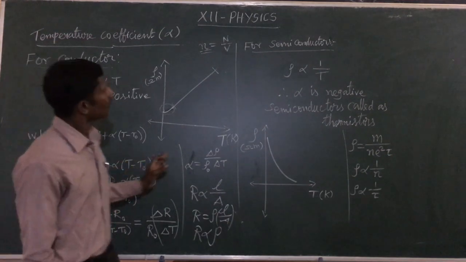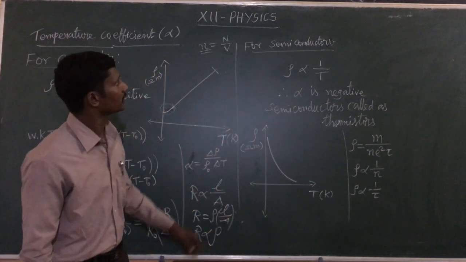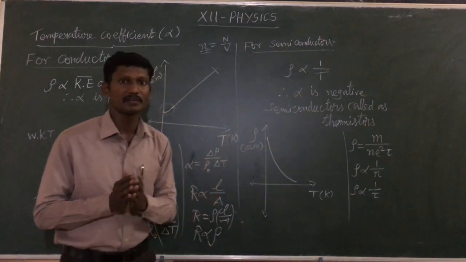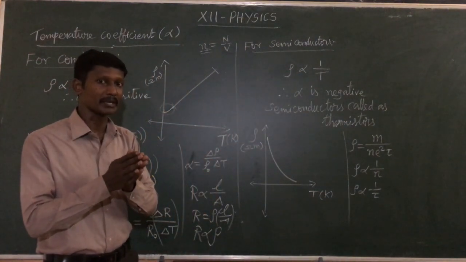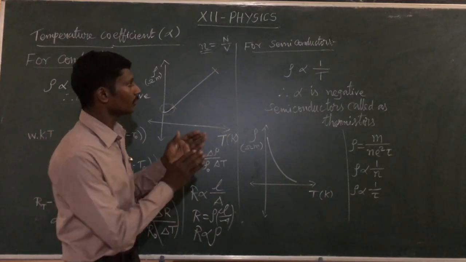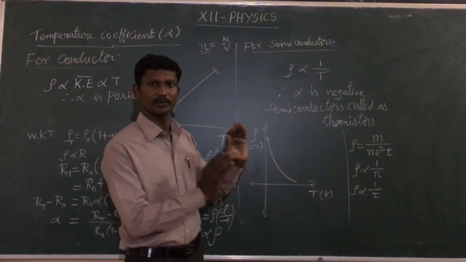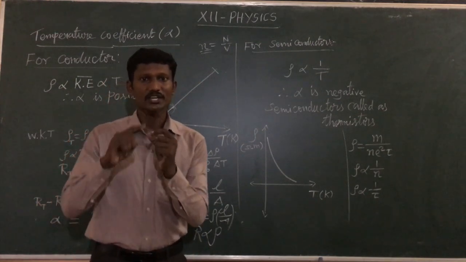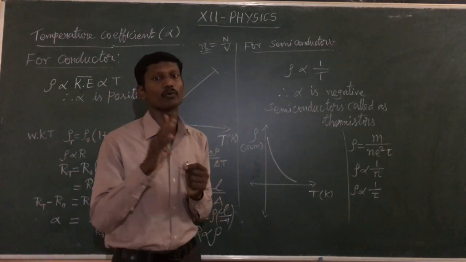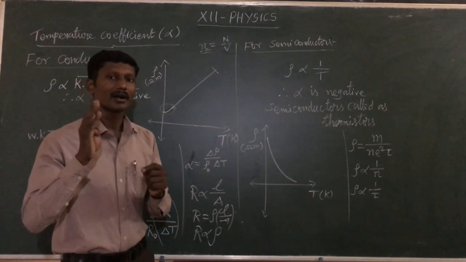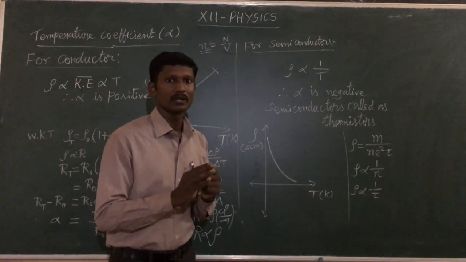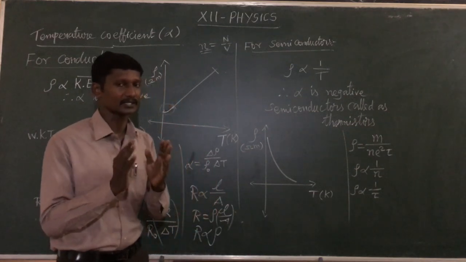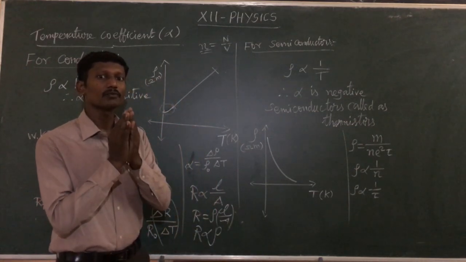Now we are going to discuss semiconductors. In the 9th lesson we will learn about semiconductors very deeply, but now we will learn only a little. A semiconductor has 4 electrons in the last orbit, the valence orbit. All atoms want to be stable, so the last orbit must have 8 electrons.